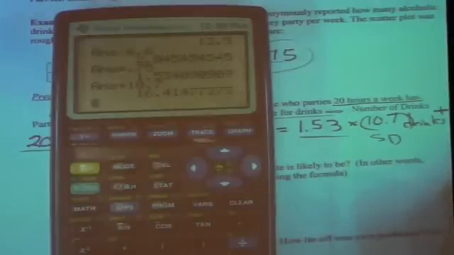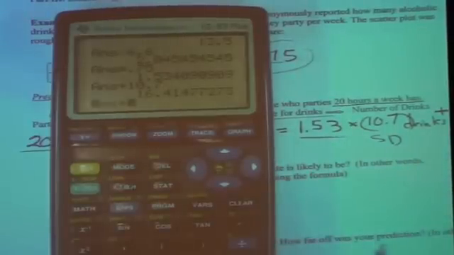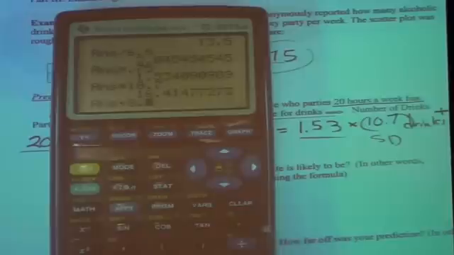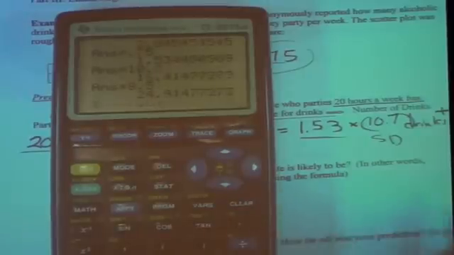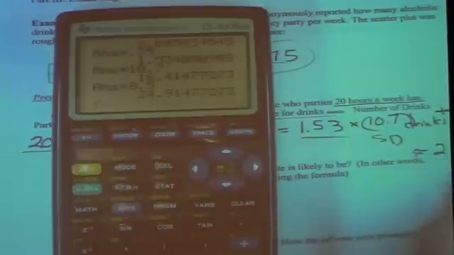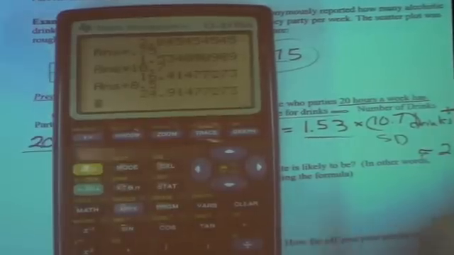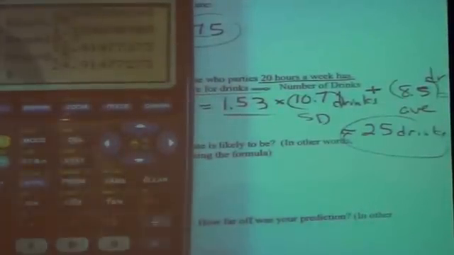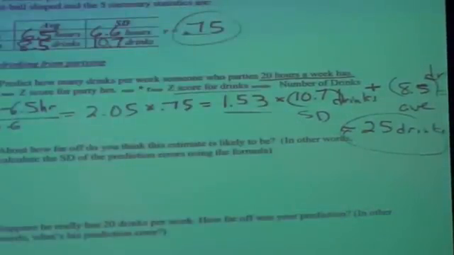So all I have to do, you can do this all in your calculator, is add 8.5, and I get 24.91, approximately 25 drinks. You can round it at the end. About 25 drinks. Does everybody see that? Does that make sense?